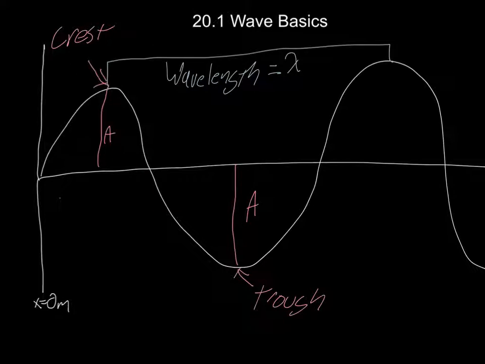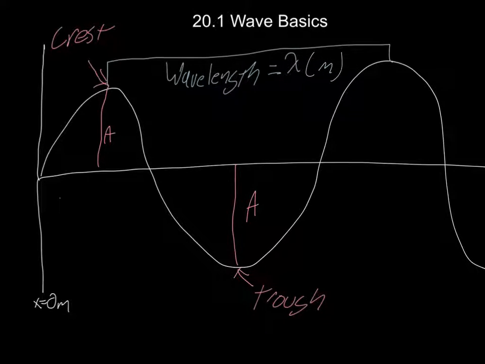Now, unlike in the last chapter when we called this peak to peak thing the period, and we talked about time, here the axis is in meters. So this is measuring an amount of distance, and our wavelength is going to be measured in meters.